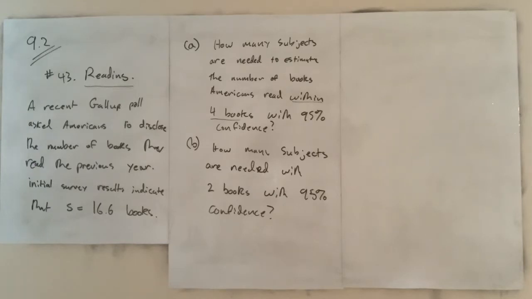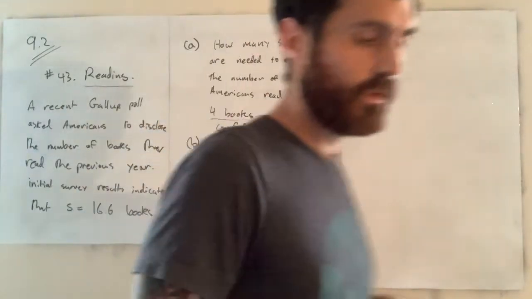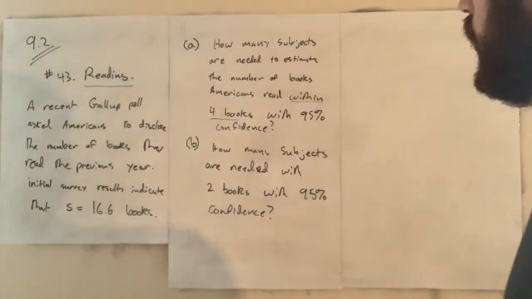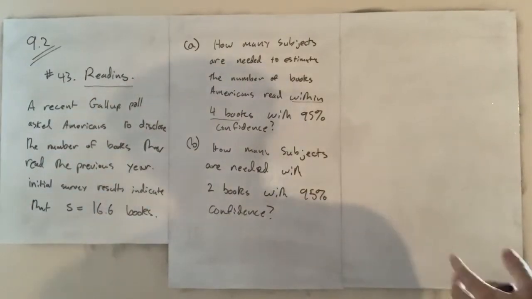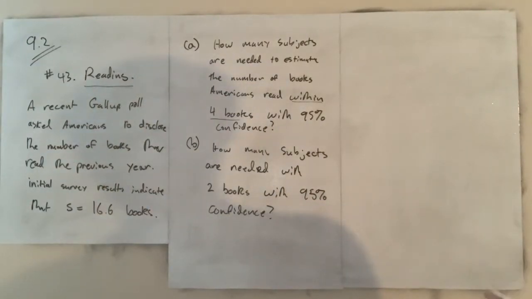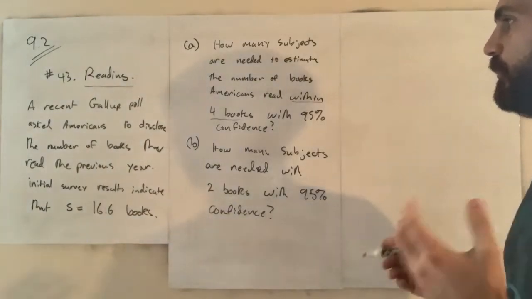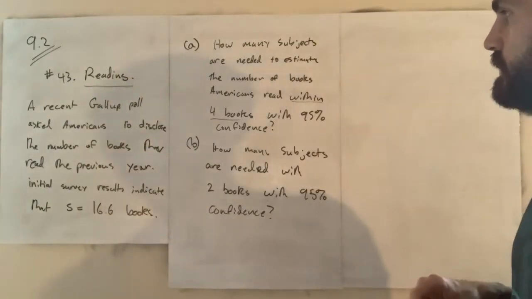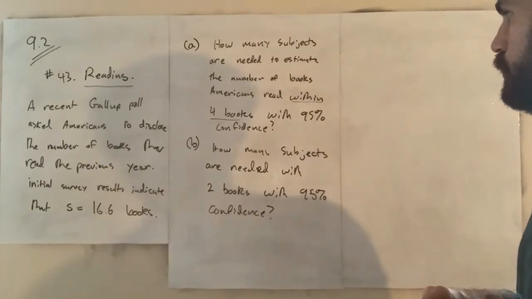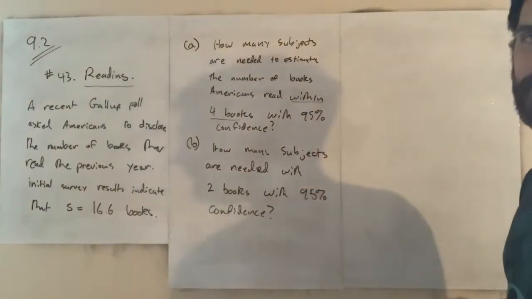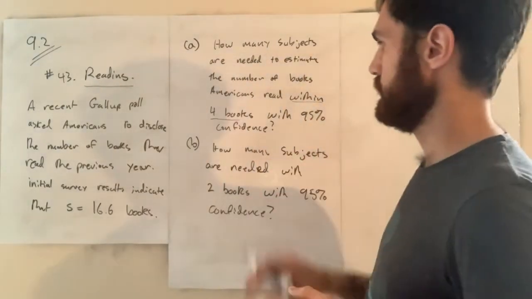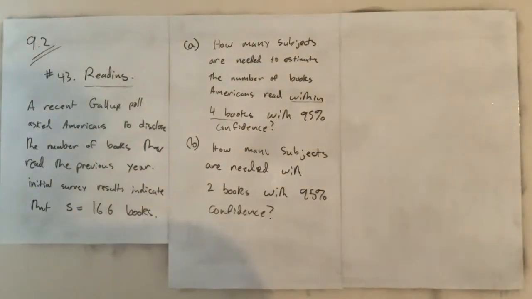Yeah, I guess that's the standard deviation, 16.6. All right, so part A is how many subjects are needed to estimate the number of books Americans read within 4 books. And what we want to do is keep our confidence at 95%.